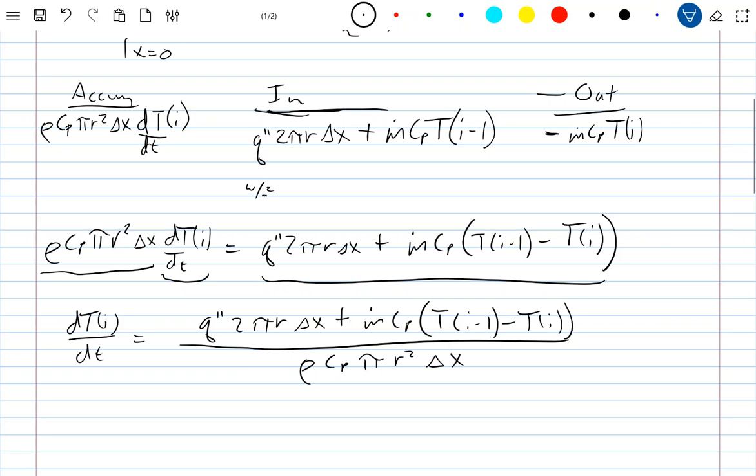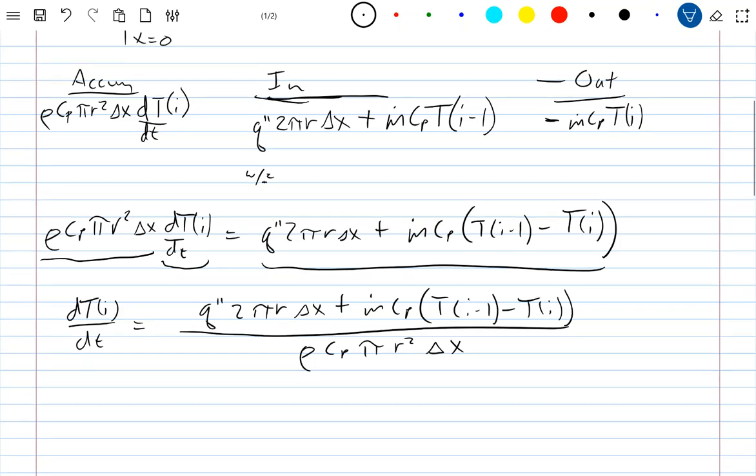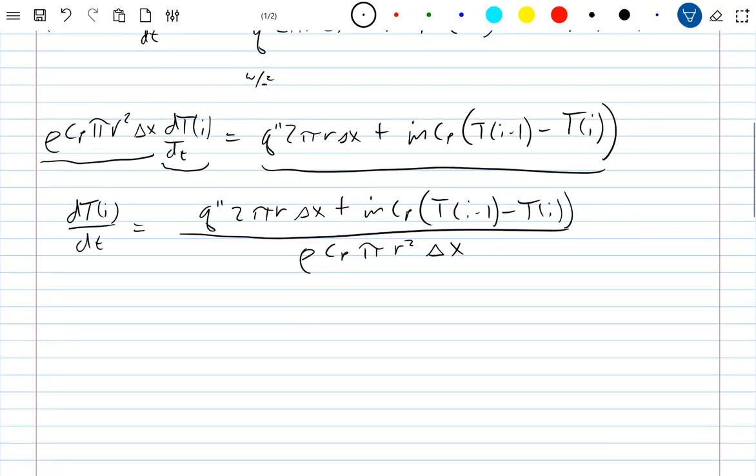So if we wanted to solve this explicitly for dTi/dt, we would use this equation, and then to get T at the next time step, we would say that our new temperature, let's use k to represent time, so T at, actually let me be a little bit more clear, still the ith node, and the kth time step, I'll use a subscript there, is going to be equal to T, still the ith node spatially, and now this k minus 1 is going to represent the previous time step.